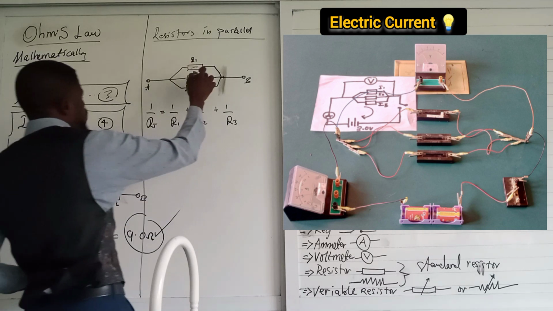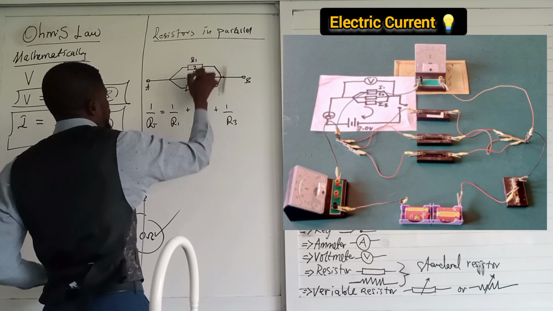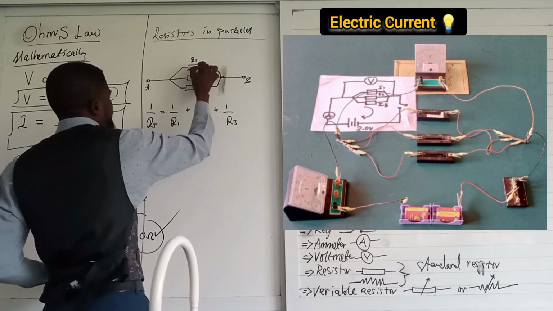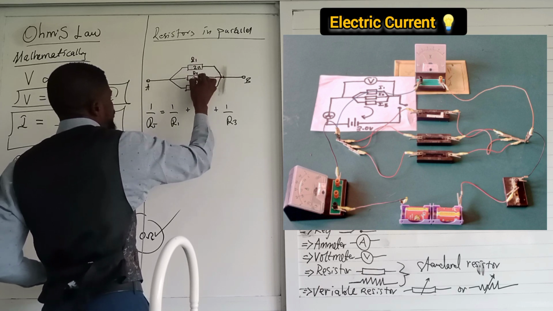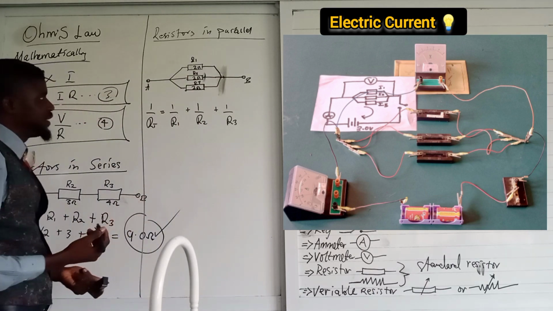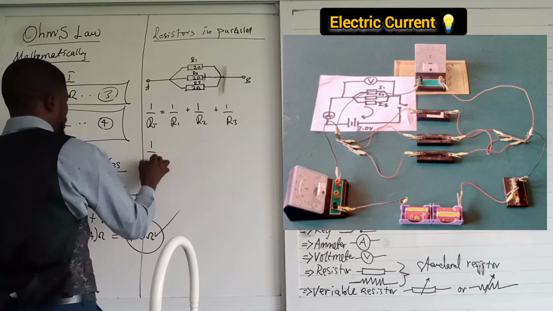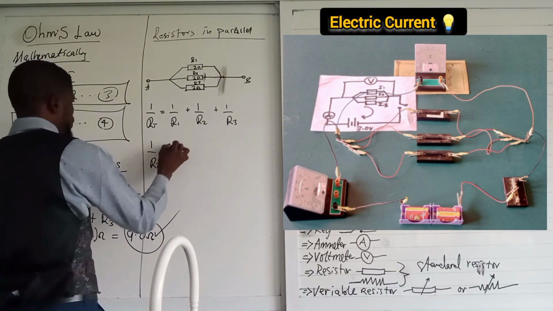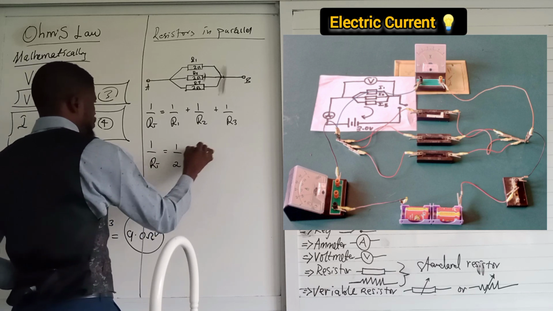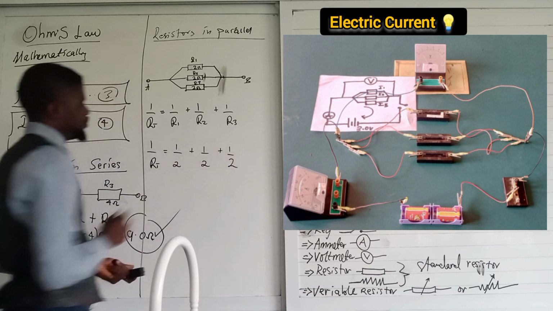Now let's suppose that these resistors, each of them, are 2 ohm, 2 ohm, 2 ohm, and you are asked to find the combined resistance. How do you go about it? So you have 1 all over R total is equal to 1 all over 2 plus 1 all over 2 plus 1 all over 2.